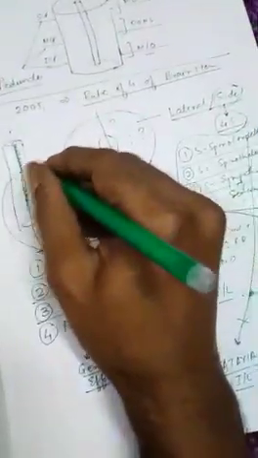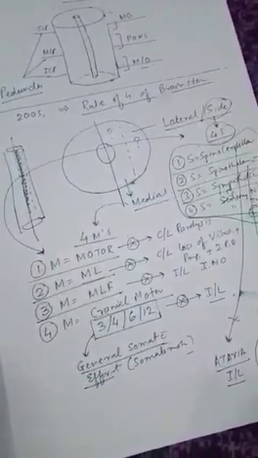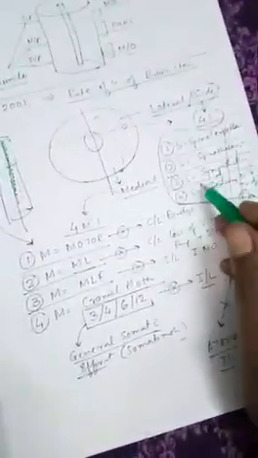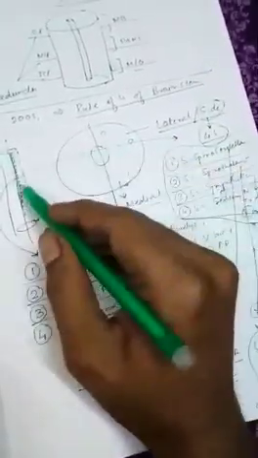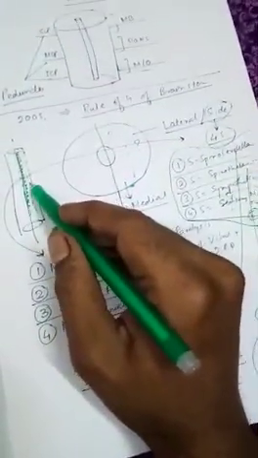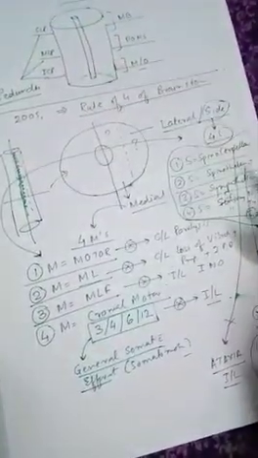We know in the medial side we have the 4M, and in the lateral side we have the 4S. So by these two things we can identify whether the medial part of the brainstem is affected or the lateral part of the brainstem is affected.